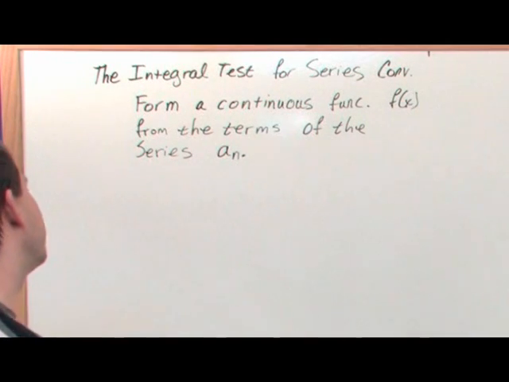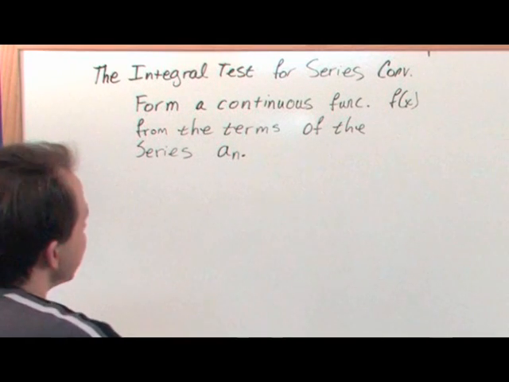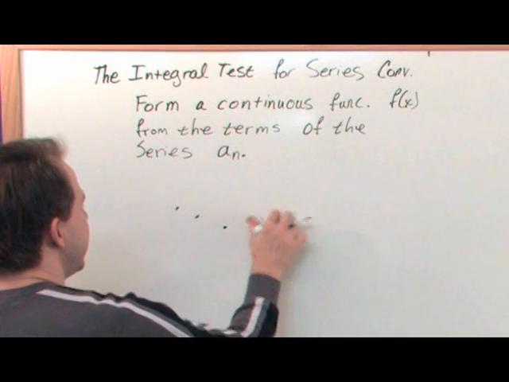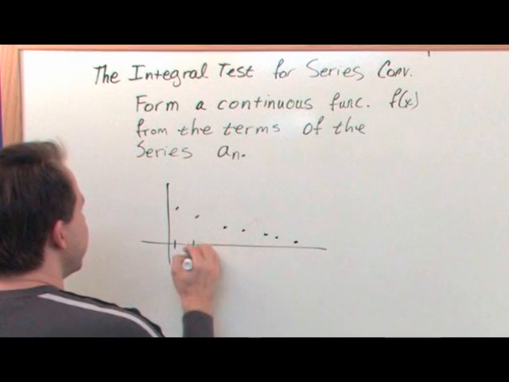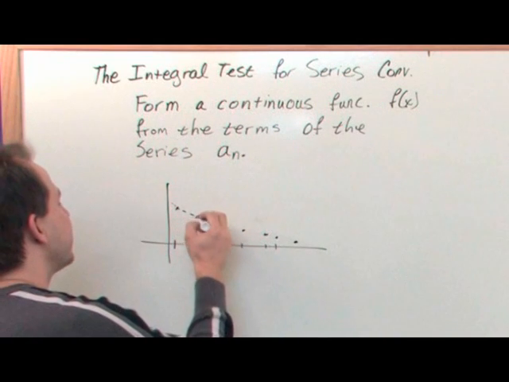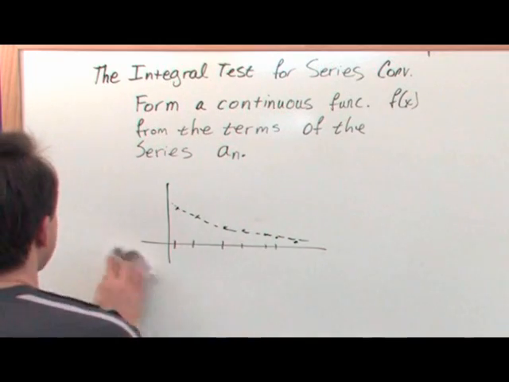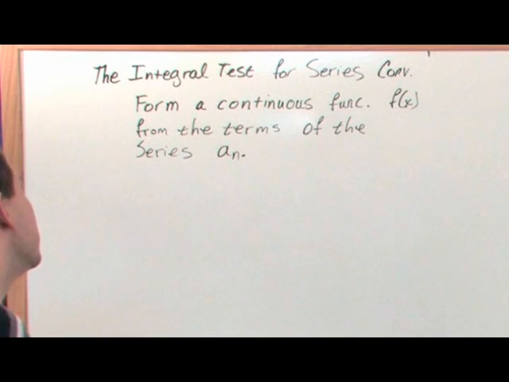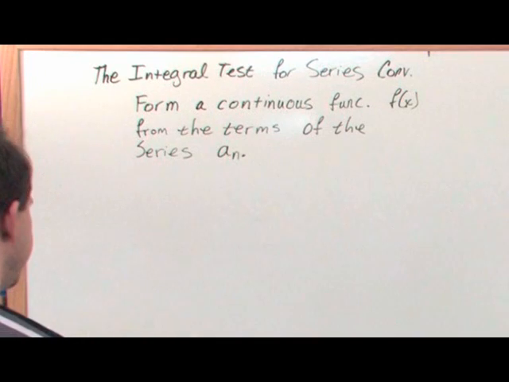We have elements of a series that we're adding up, and we're going to pretend that these discrete points, n equal to 1, 2, 3, 4, 5, and 6, actually form a smooth function. That's all that means. You don't have to do much work there. You could replace that sentence with: pretend that the elements in your series are actually a smooth continuous function.